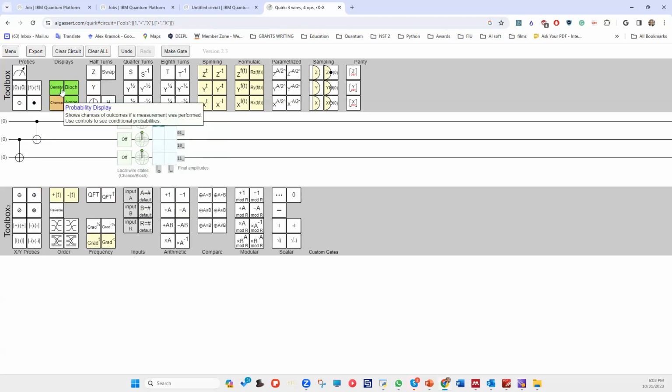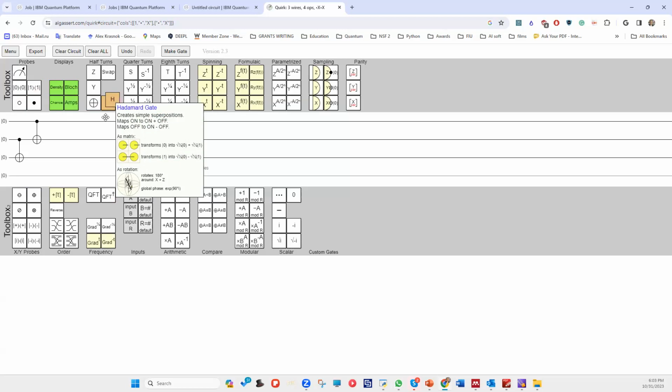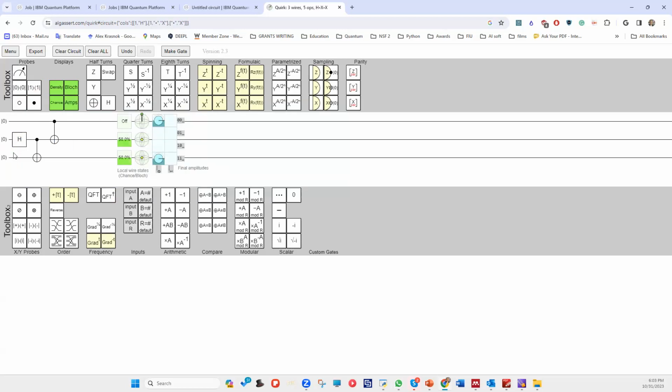Then I need to put the Hadamard on the second one. So the first and the second qubits are Alice's qubits. This circuit will be a 3-qubit circuit, which is more advanced, but it implements the same operation. The first two are Alice's qubits, and the third one is Bob's qubit.